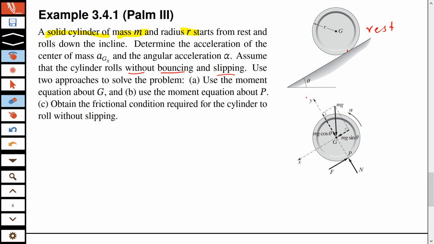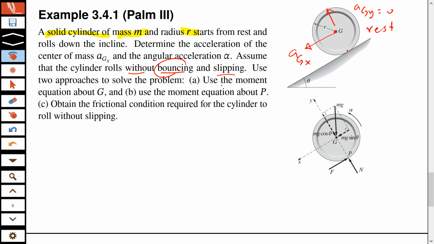That means that the acceleration of this point, because this is the center, will be along this direction, AGX, and AGY will be 0, because there is no bouncing.